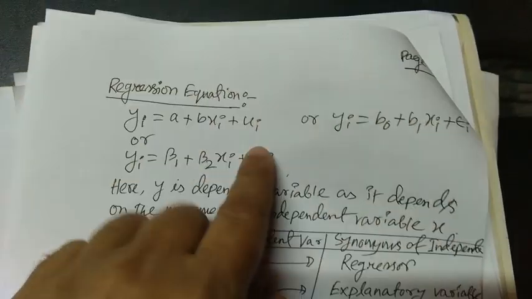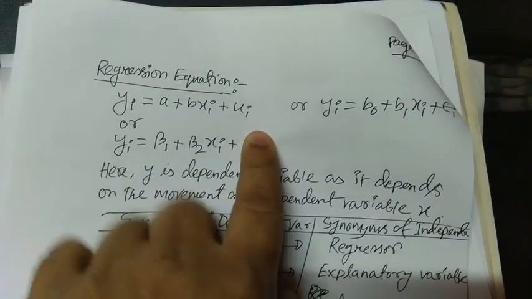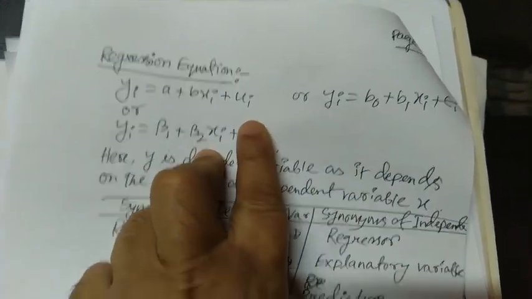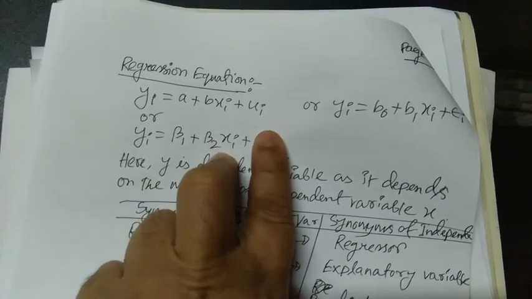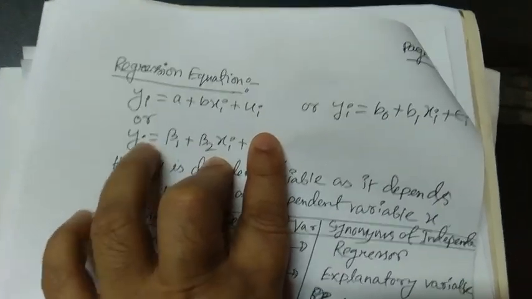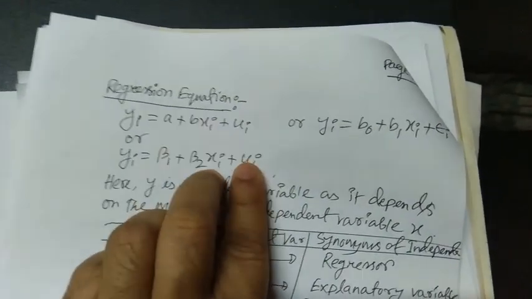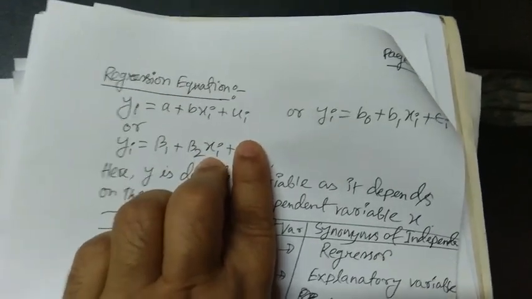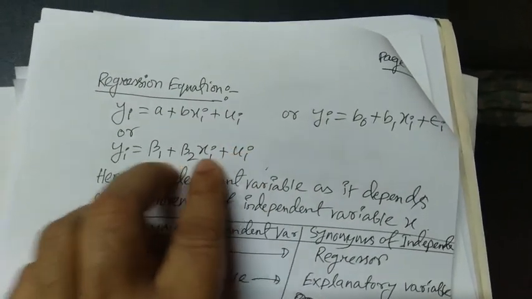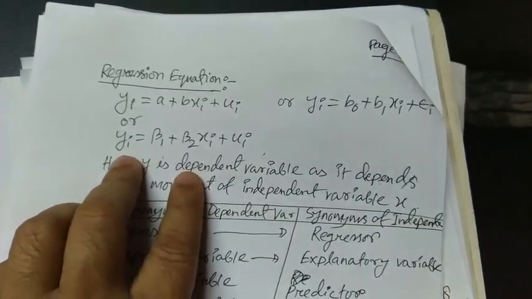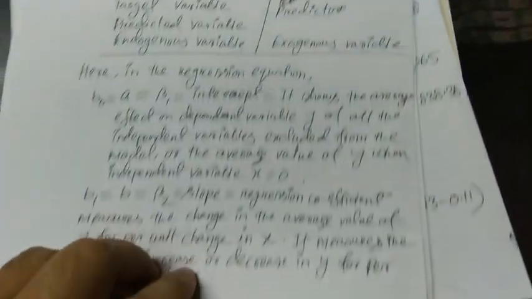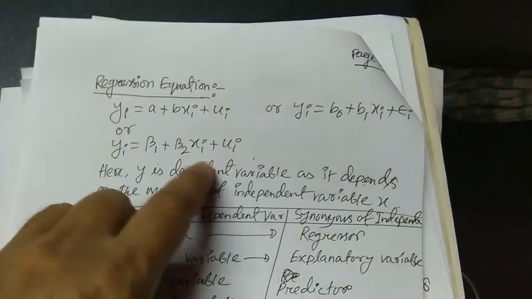So, for example, if there is no error term and you increase the value of x by 1 unit, you will see the impact on y by beta 2. So beta 2 will give you an idea about the change in y with respect to per unit change in x.